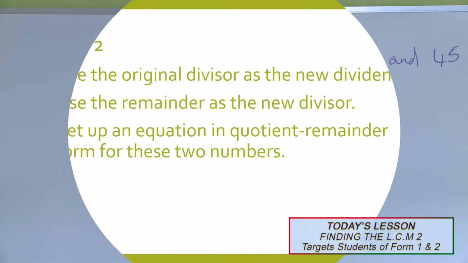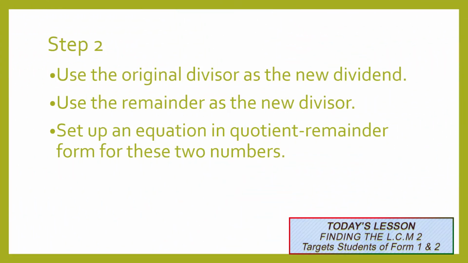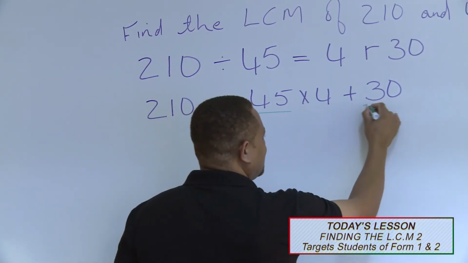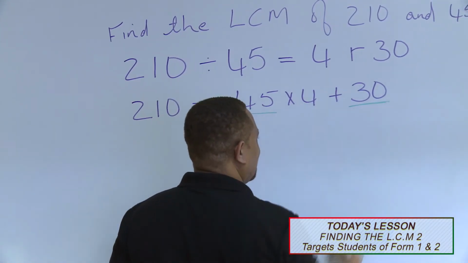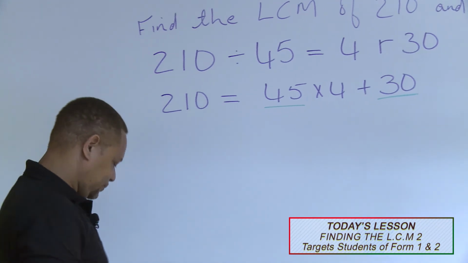Now, we're going to use the original divisor, which in our case is 45, as the new dividend, and the remainder as the new divisor.